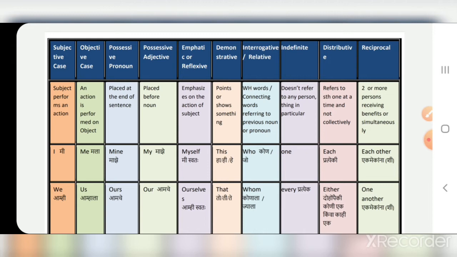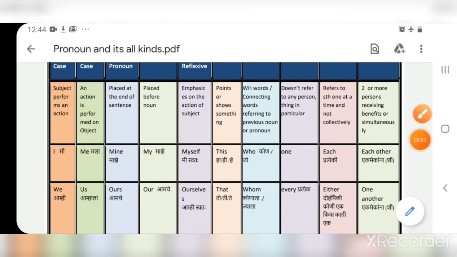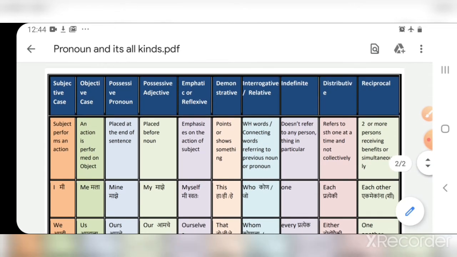That is not emphasizing the action. I cut myself is an example of a reflexive pronoun, because here the subject and the reflexive pronoun are the same. I and myself, subject and object are the same, so that is a reflexive pronoun. Now the next one is demonstrative pronoun.